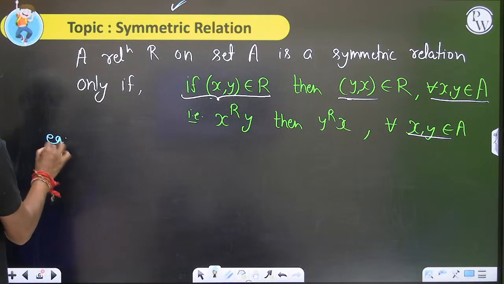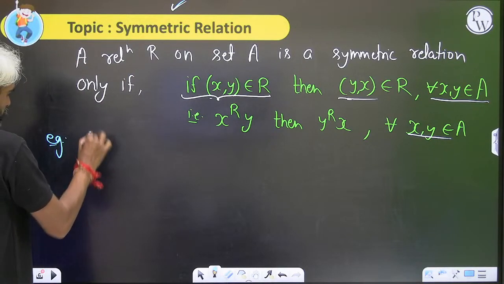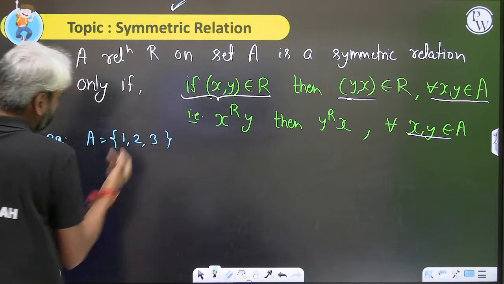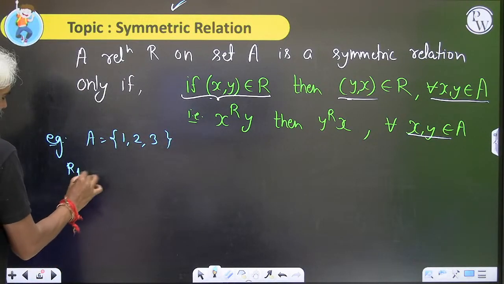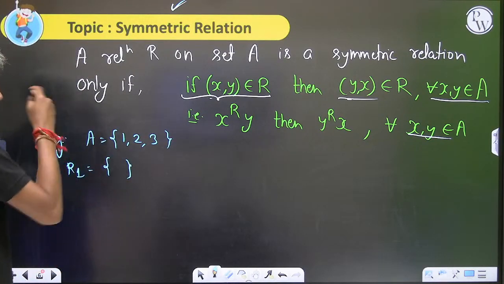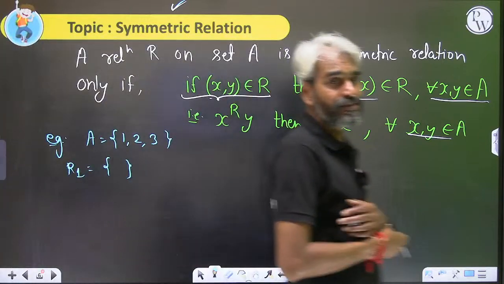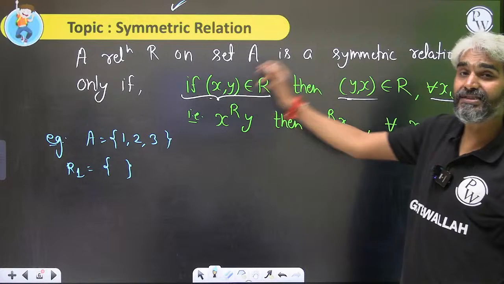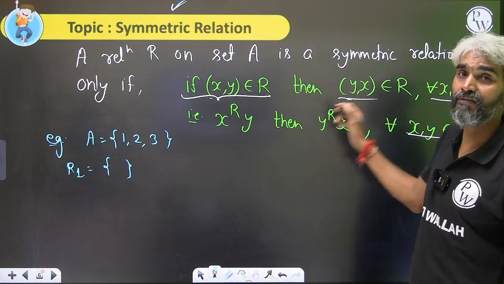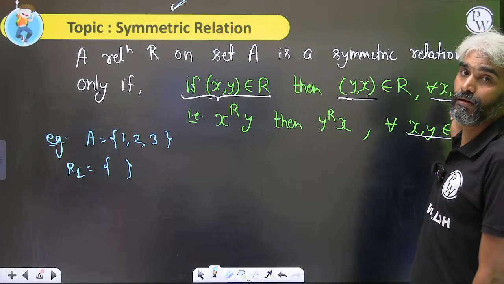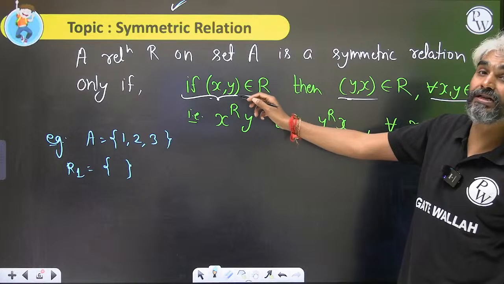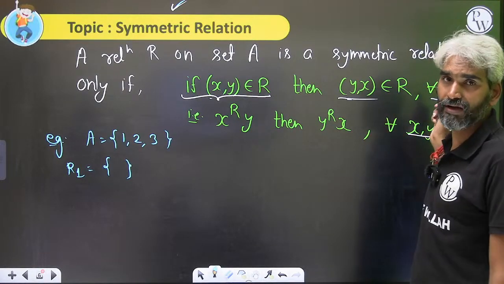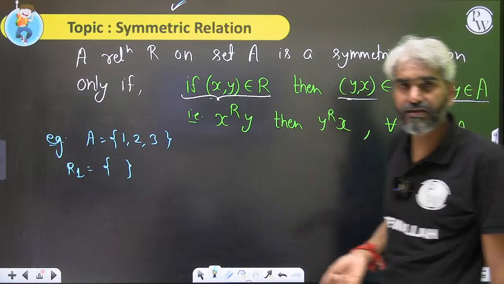So let's take this. First of all, A is a set, whatever the set is. Now my question is, if I take the empty relation, will it be a symmetric relation? So what is the condition? If the if condition is satisfied, then only we need to worry about the then condition. If for none of the pairs of elements the if condition is satisfied, then we don't need to worry about the then condition for any pair, and for all will still return true.